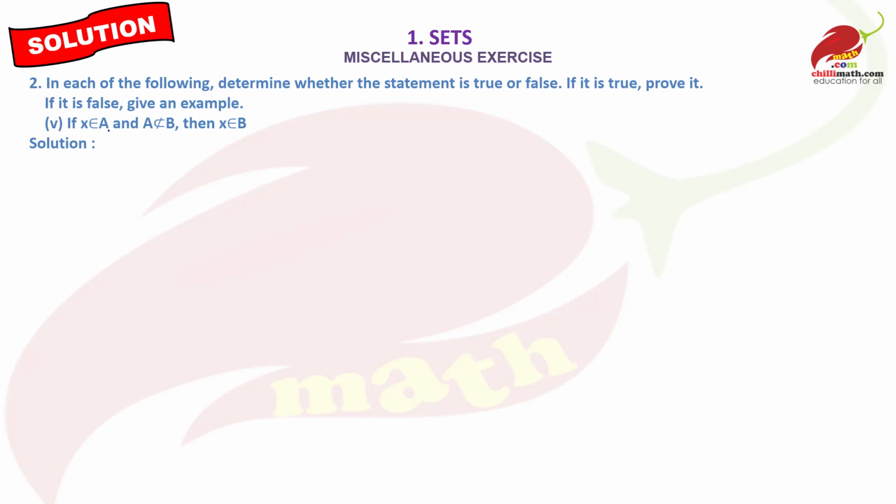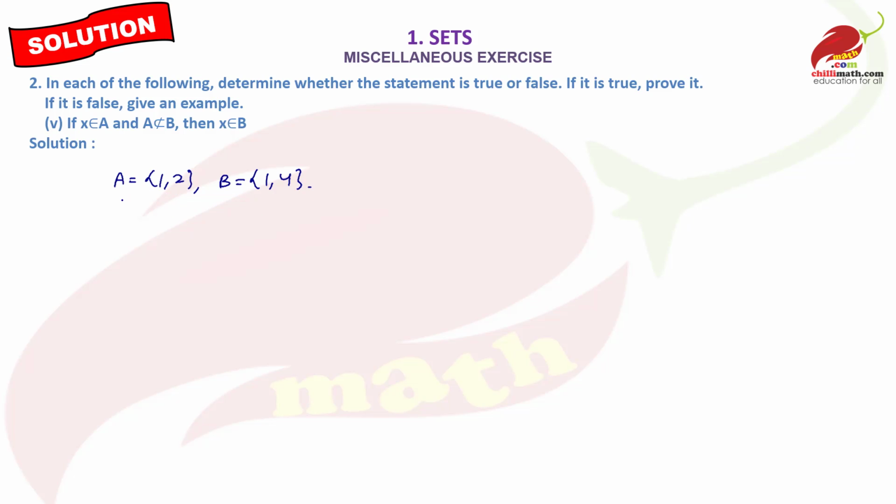Fifth is, X belongs to A and X is not a subset of B, then X belongs to B. It's not true. So let's explain it with the help of an example. Let A be {1, 2}, A is not a subset of B, so B is, suppose, {1, 4}.